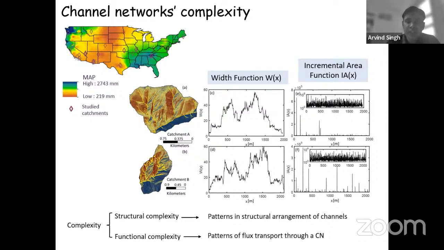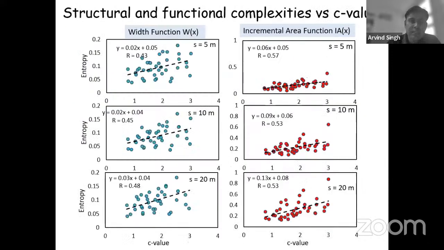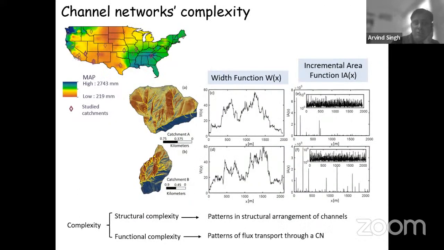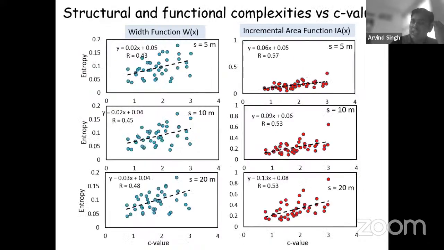And we analyzed these networks, which were extracted from different locations exhibiting different climate aridity index, using multi-scale entropy or sample entropy.